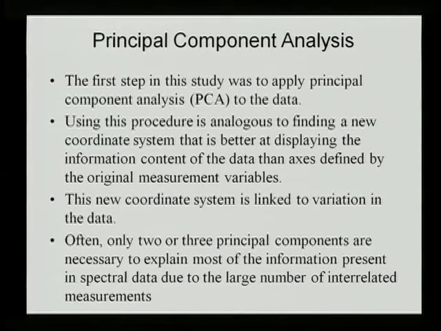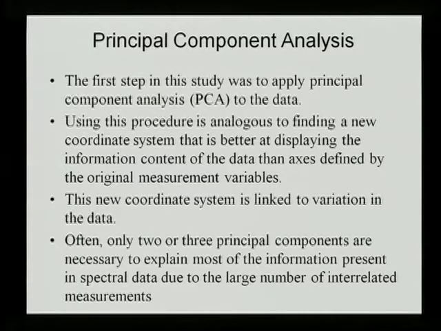Our first step in this study was to apply principal component analysis to the data. And for those people that do multivariate analysis, this is a very standard thing to do. We're attempting to plot our data in a new coordinate system, not using the original measurement variables, but one based on variation.